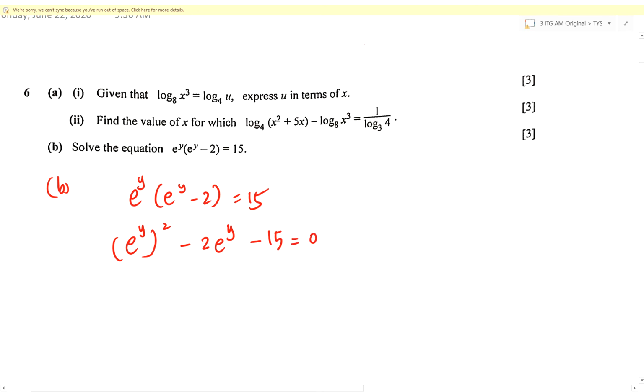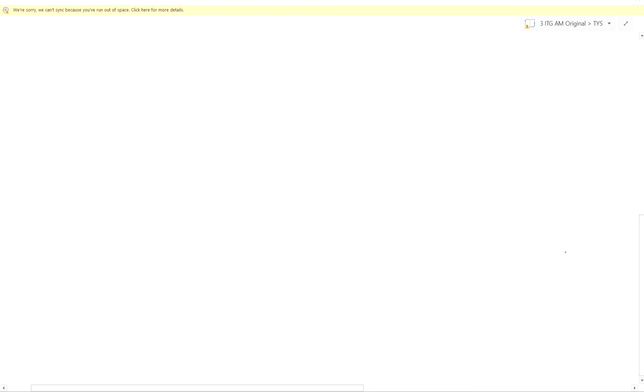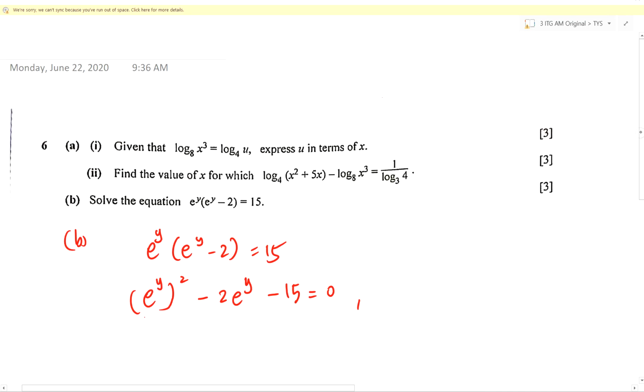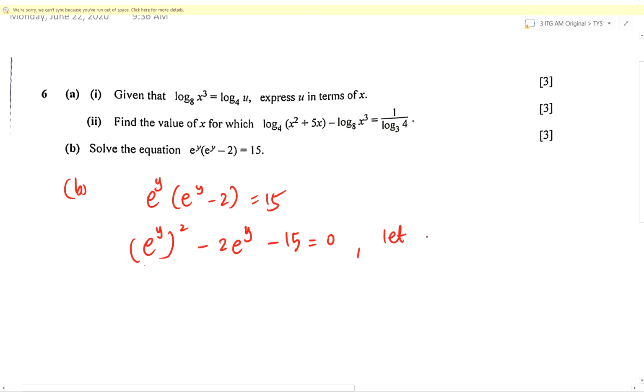If you are able to work with this, good. If you need to do a substitution to help yourself see better, go ahead. Let e to the power y be equal to, for example, x. So we have x squared minus 2x minus 15 equals 0.